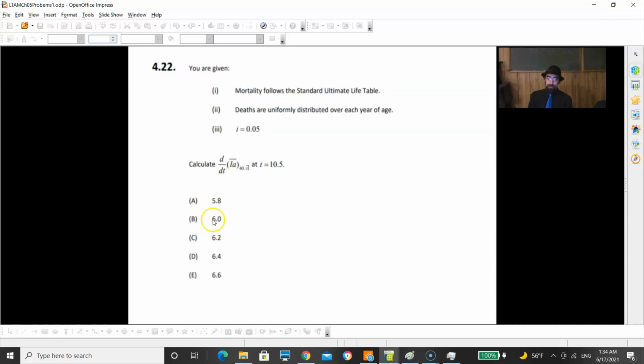Adjusting these by 10% would be like 0.6-ish, 1% would be 0.06-ish, 0.1% would be 0.006. So it really doesn't matter what assumption you use. As long as your survival probability is somewhere between the one for 10 years and the one for 11 years, you're going to get answer C, the correct answer.